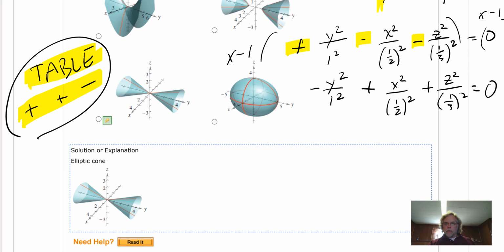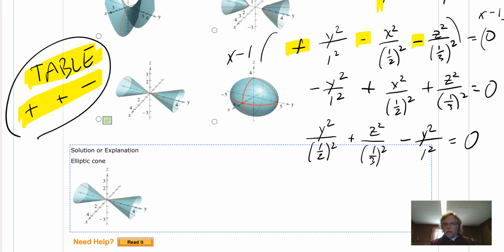So this will be y squared over 1/2 squared plus z squared over 1/3 squared minus y squared over 1 squared equals 0.